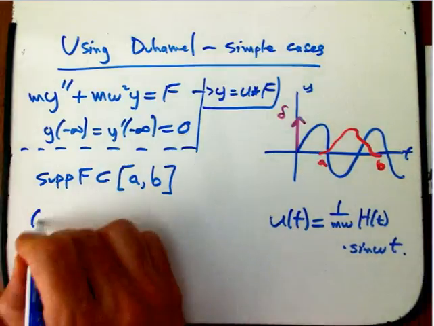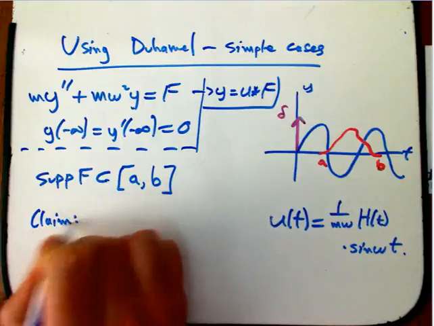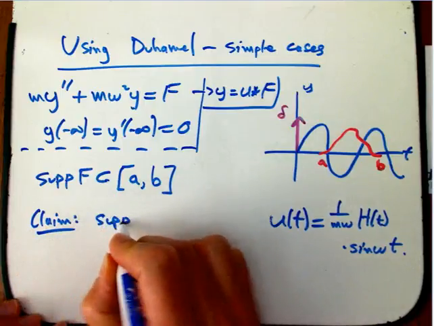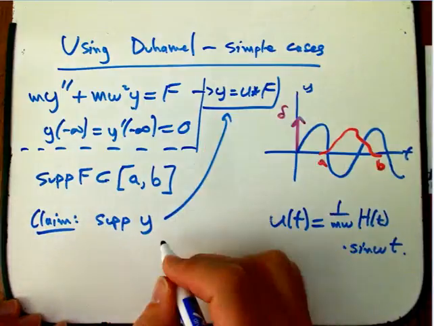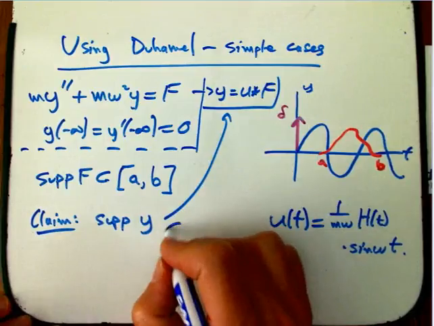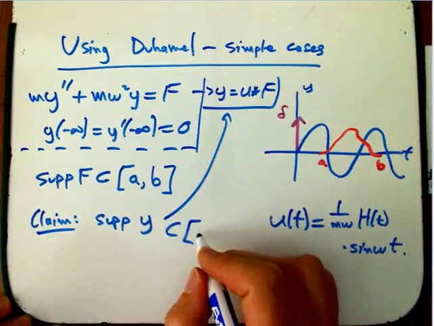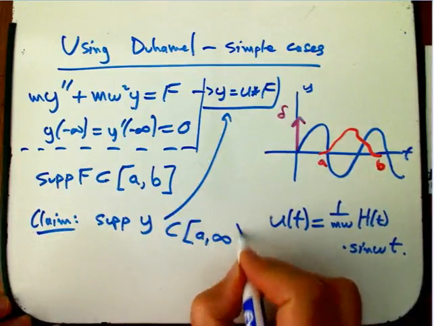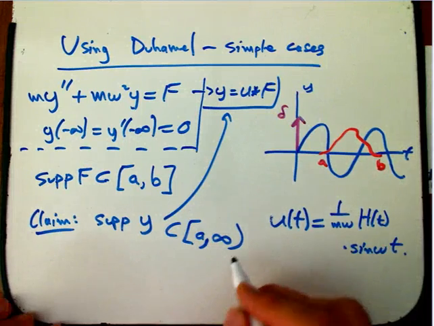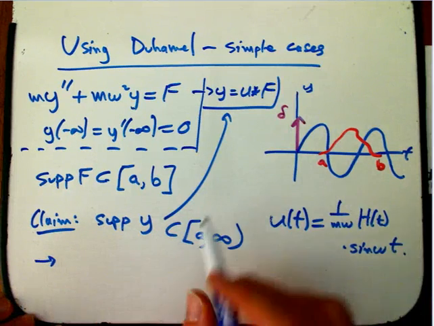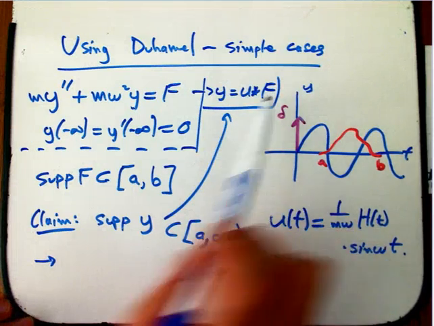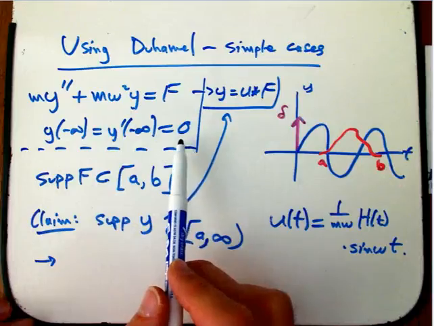Okay, the claim is that the support of y, this convolution, is a subset of A to infinity, but it could go off to infinity and probably will. Okay, so in particular, one thing I haven't checked about this is that it actually satisfies these initial conditions.